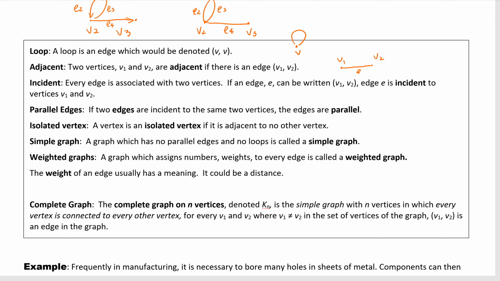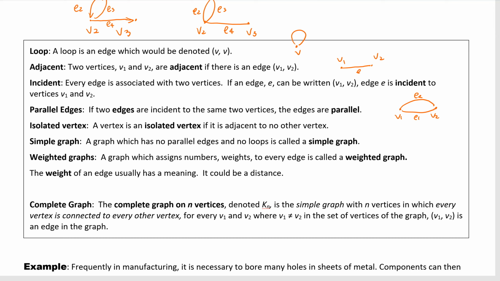Next, parallel edges. If two edges are incident to the same two vertices, then the edges are parallel. Back to our example, if we have V1 and V2, and two edges connecting them, then E1 and E2 are parallel.